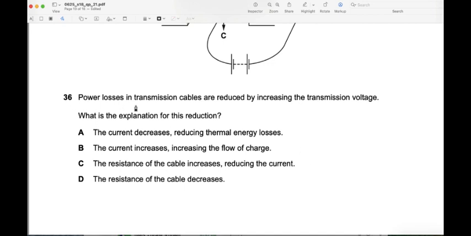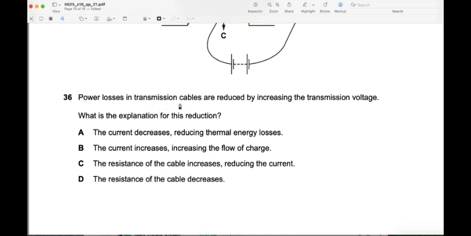Now, power losses in transmission cable are reduced by increasing the transmission voltage. Yeah, I think we have a video on this. Now, what is the explanation for this reduction?